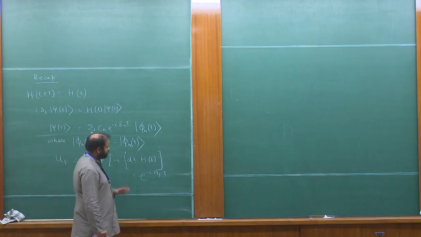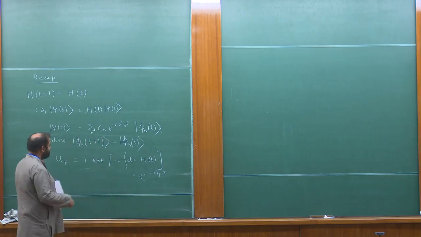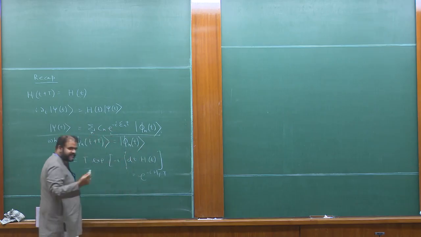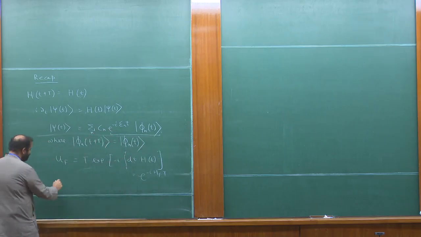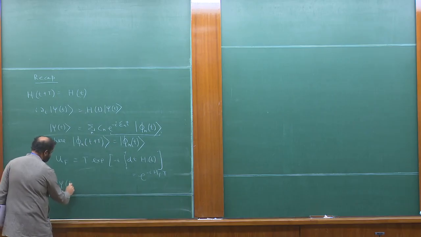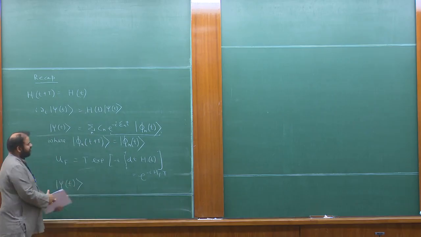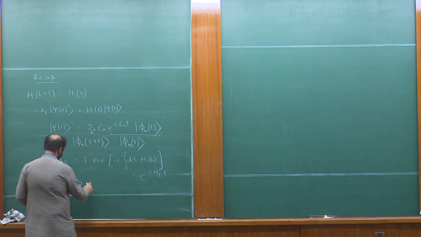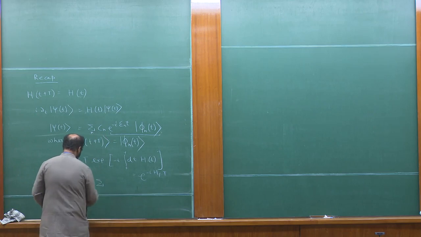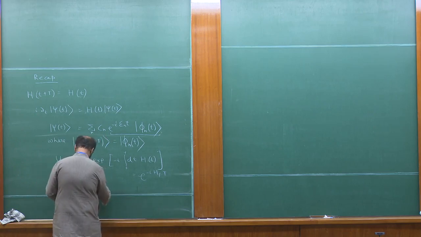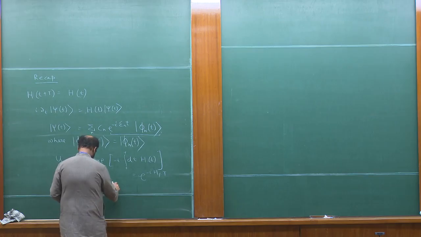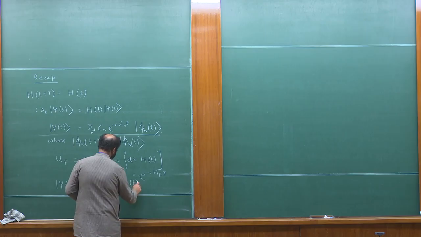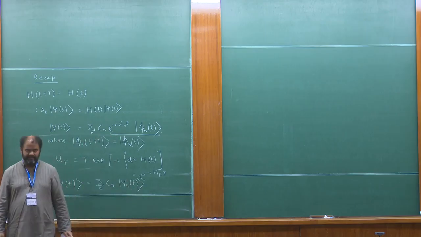And to do that, I will start off by trying to explore the properties of these states. So I'm going to say that this psi of t can be written down as sum over n Cn psi n t.